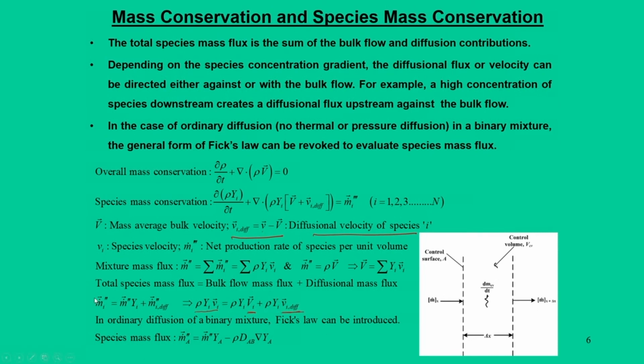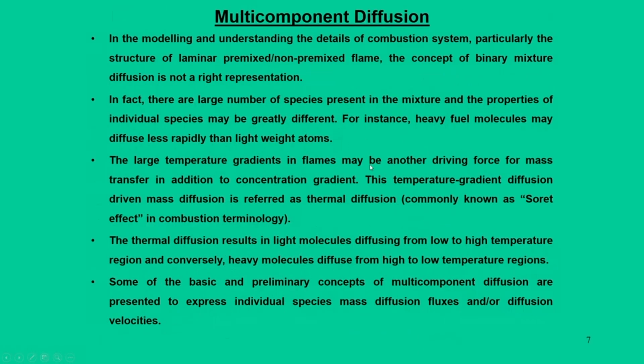Here, under a simplifying assumption that there are only two species, one can invoke Fick's law, where the diffusion component of velocity can be expressed in terms of binary diffusion coefficients. If you have two species A and B, their species mass flux can be quantified in terms of two terms: the bulk mass flux and the diffusional component of the species mass flux. So this is how the mass and species conservation equations look.